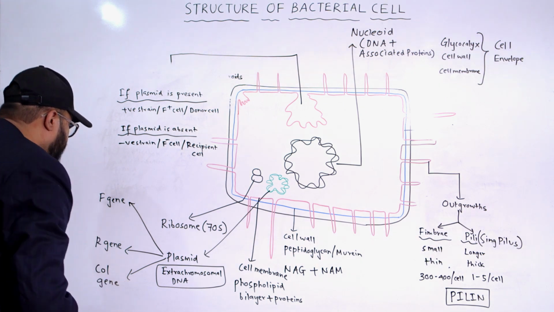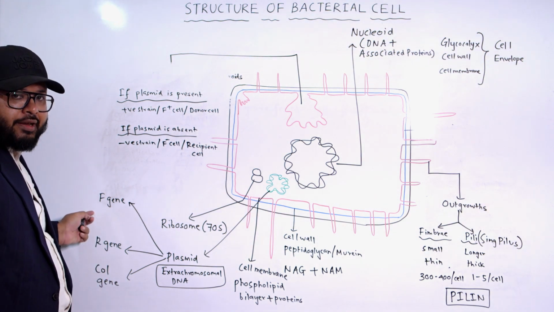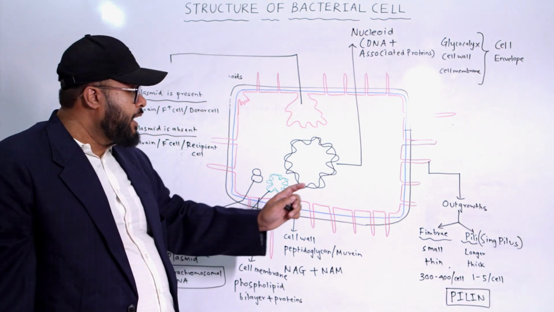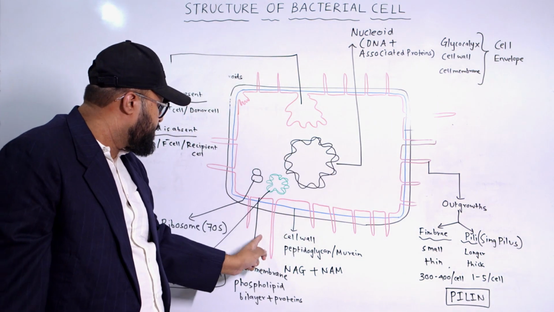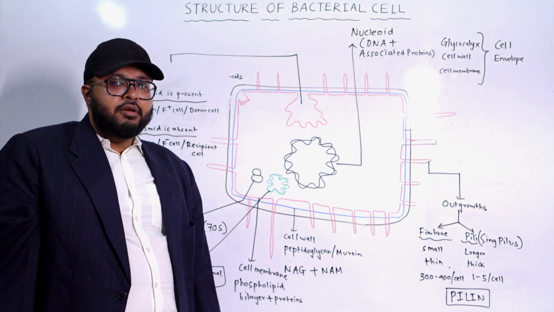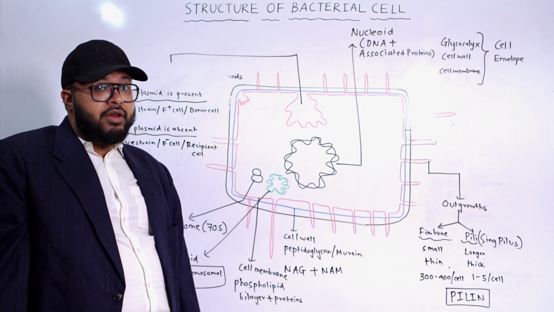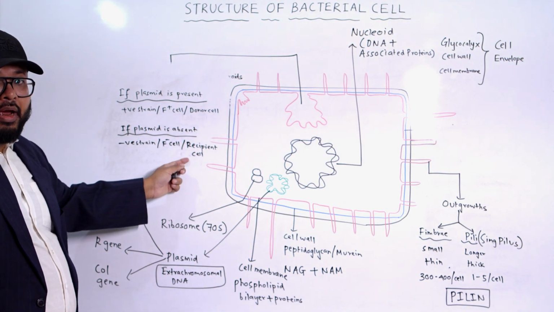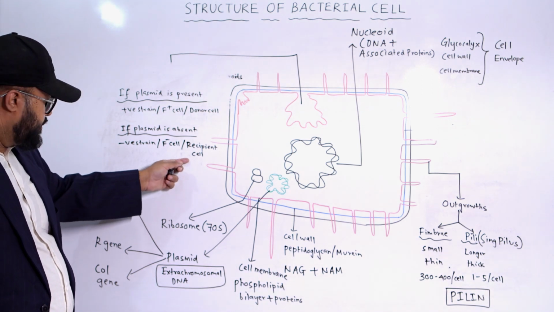F gene, also known as fertility gene, is responsible for the formation of these sex pili or conjugation pili that facilitate the transfer of genetic material from the donor to the recipient bacterial cell by a process called conjugation.